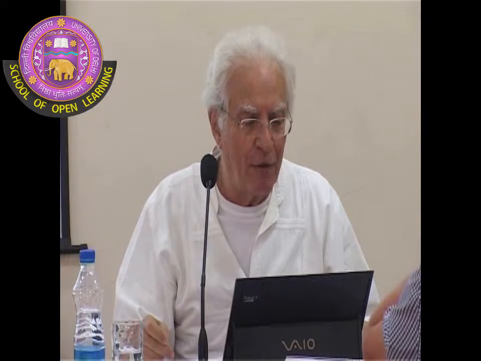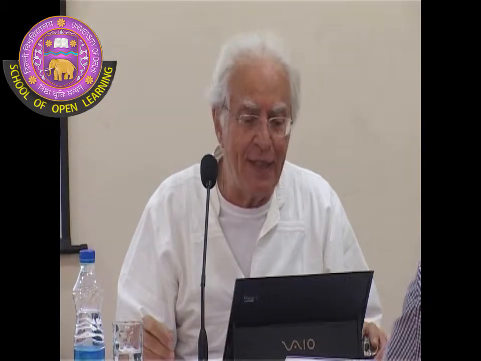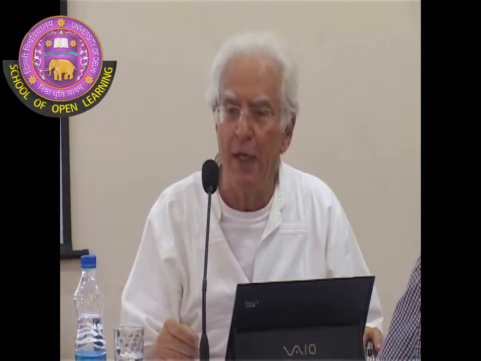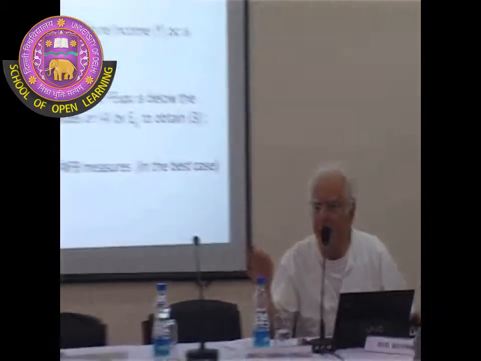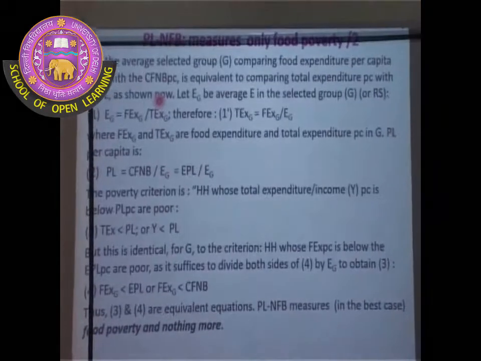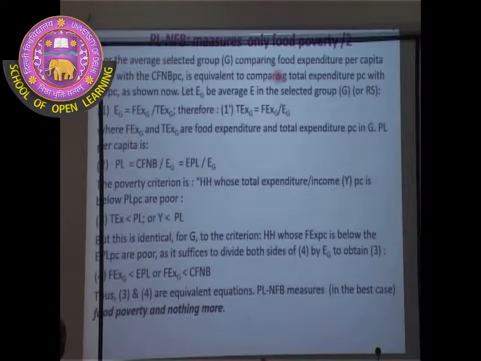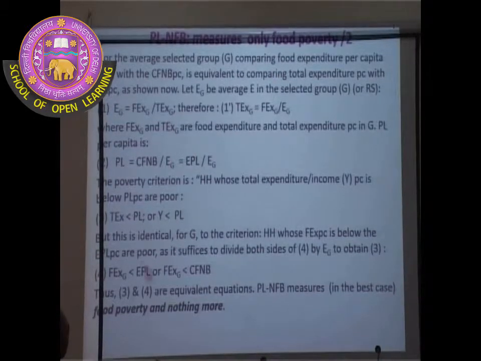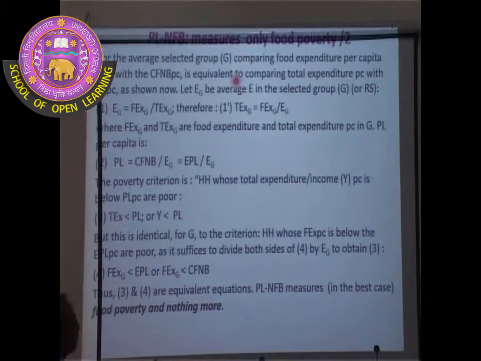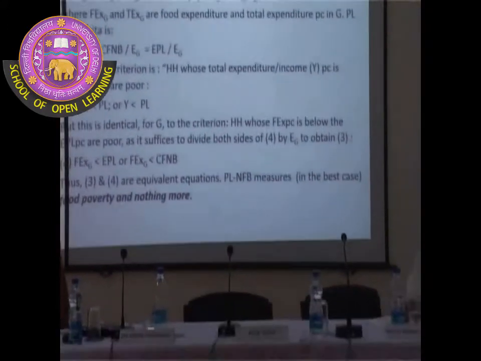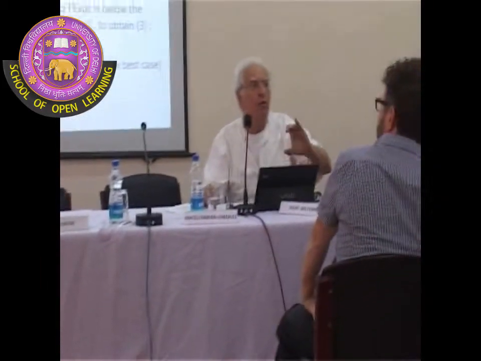The problem with this method of normative food basket is that it only identifies food poverty. They don't recognize it. It's a criticism of myself that I have made. For the average selected group, G, this is a demonstration. I will skip it for reasons of time. Here, and it's in the paper, I prove algebraically that this method measures food poverty only.